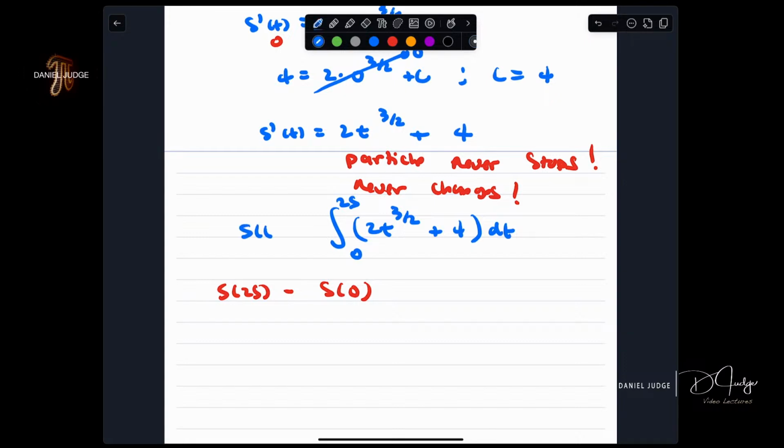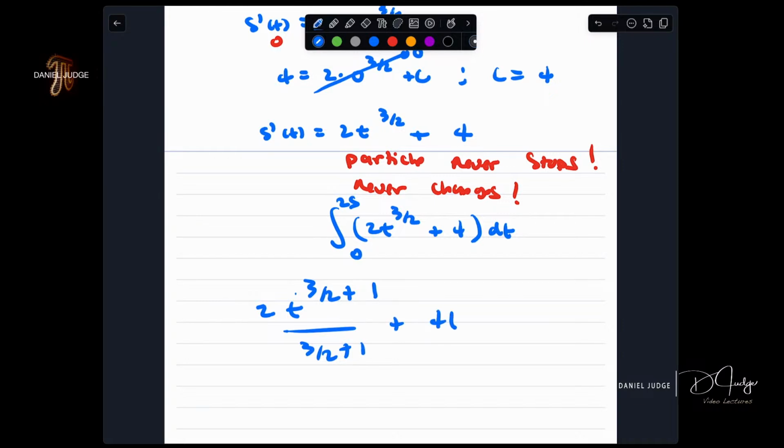So, we start by trying to get that s of t function, which will ultimately be the antiderivative of that evaluated at those endpoints. That's kind of what we're looking at, just so you guys know. It's very similar to what we ended up with yesterday. So let's get that antiderivative, which would be 2t to the 3/2 plus 1, over 3/2 plus 1, plus 4t.